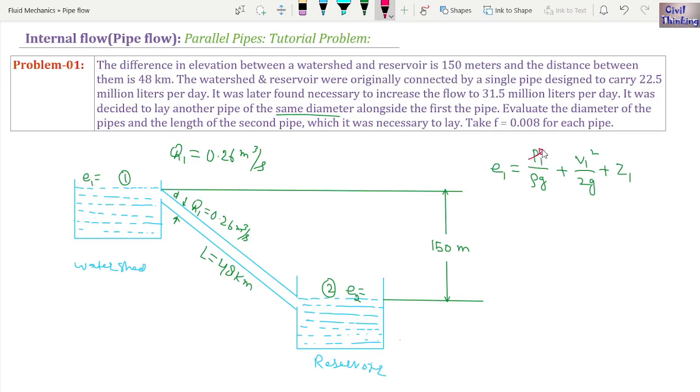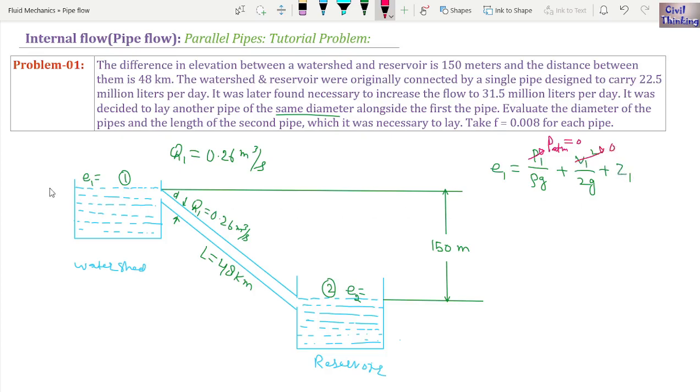In terms of gauge pressures, we assume atmospheric pressure to be 0, so P1 is 0. Now this water surface is at rest, and we assume the velocity at this surface is 0, so V1 is 0.